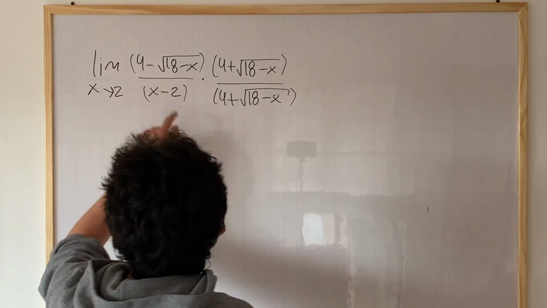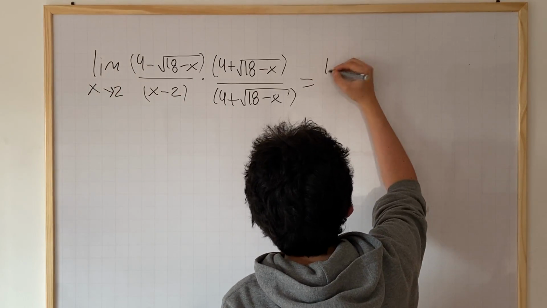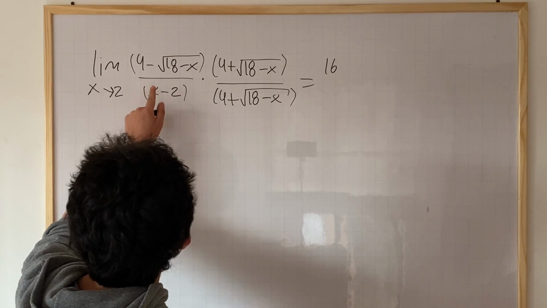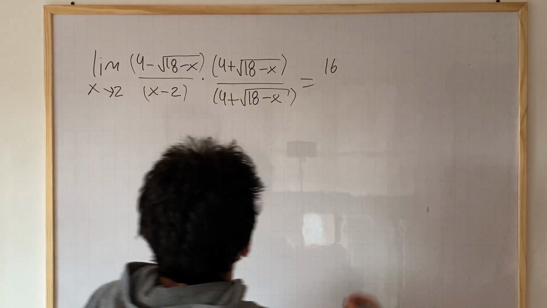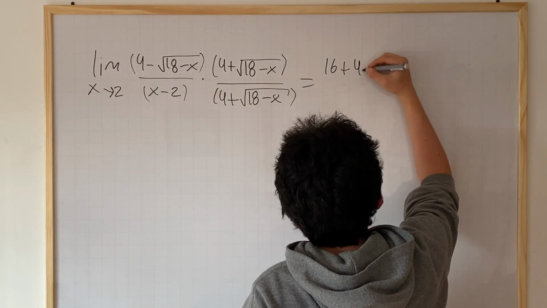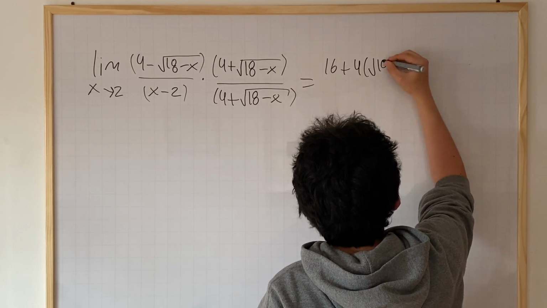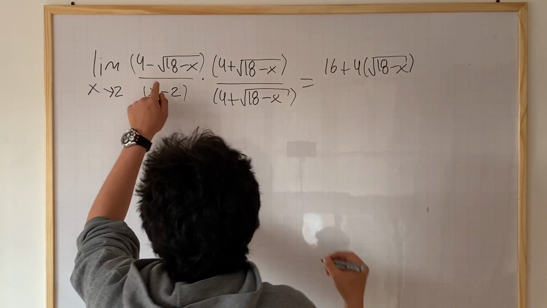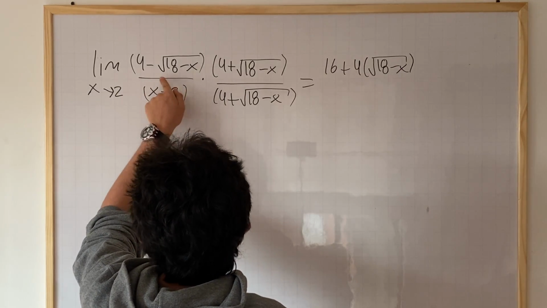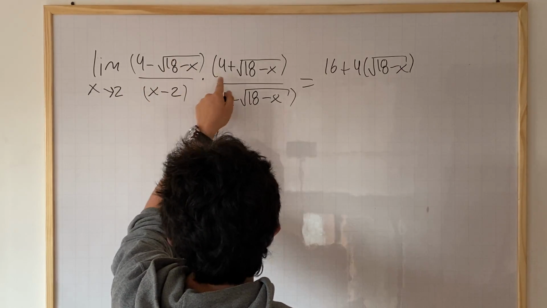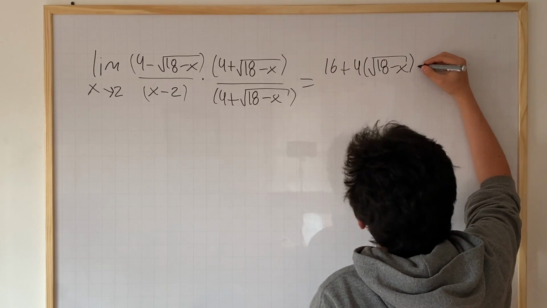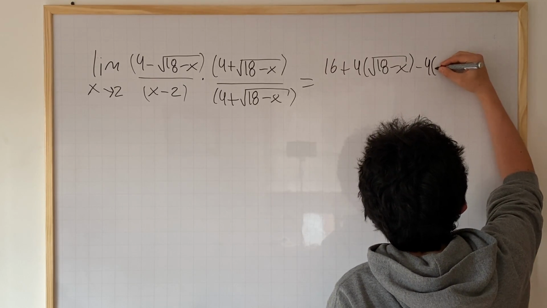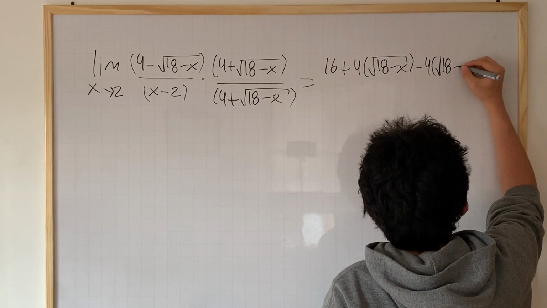So first one, we have 4 times 4, this is 16. We have 4 times this expression, plus 4 times the square root of 18 minus x. Now we switch to this one, minus the square root times 4. So we get minus 4 times square root of 18 minus x.